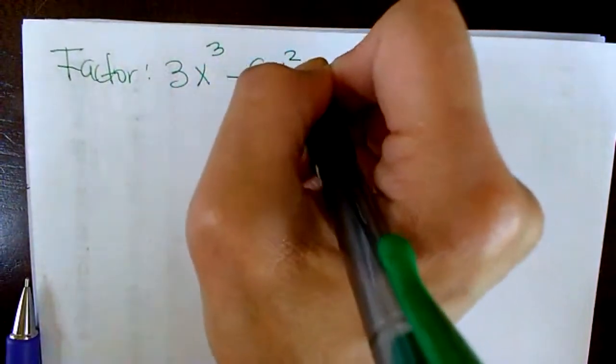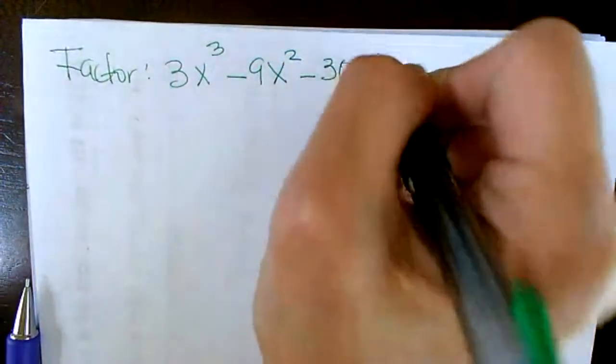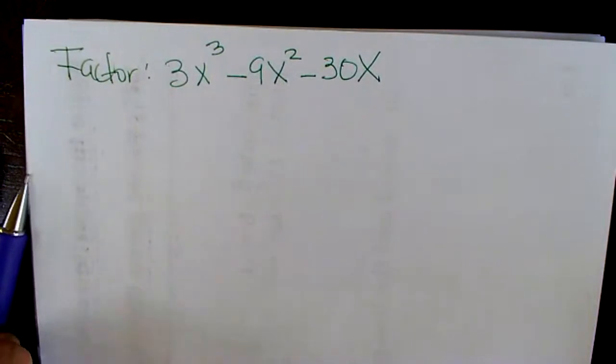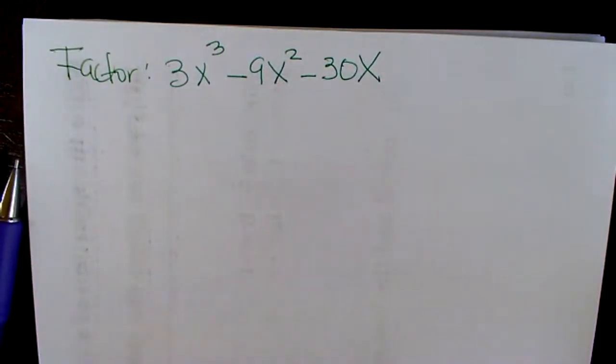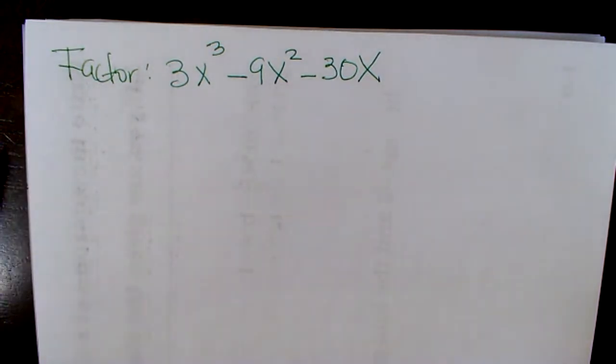And this one says factor 3x to the third power minus 9x squared. This one doesn't look exactly like a quadratic, right? No, it doesn't. So let's try to factor out the greatest common factor first.